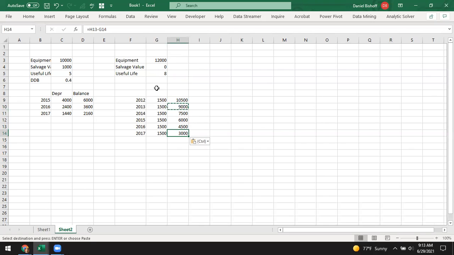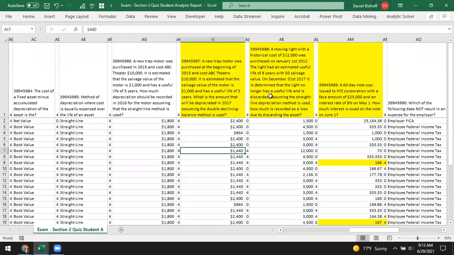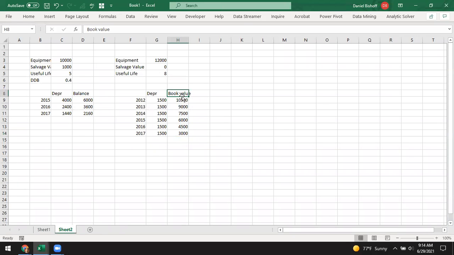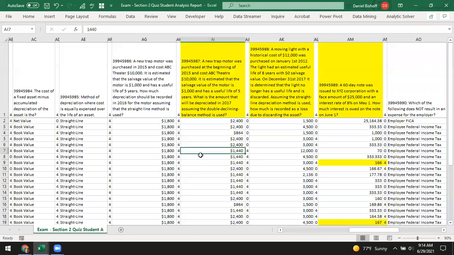Well, this is our depreciation. This is our book value. In 2017, we determined that it no longer has a useful life and is discarded. So what is our loss? Well, our loss can only be equal to our book value of 3,000. So 3,000 is the correct answer.